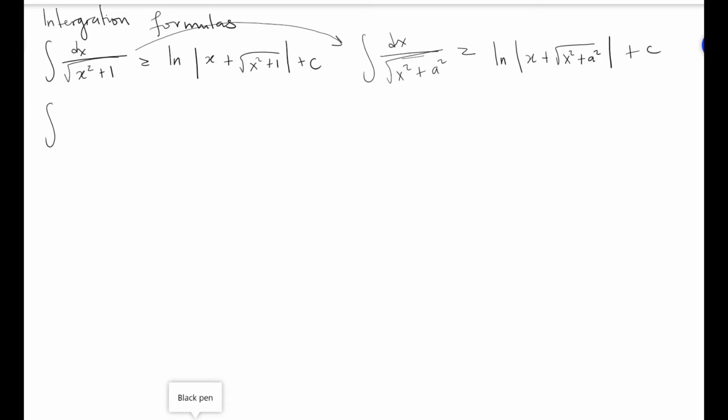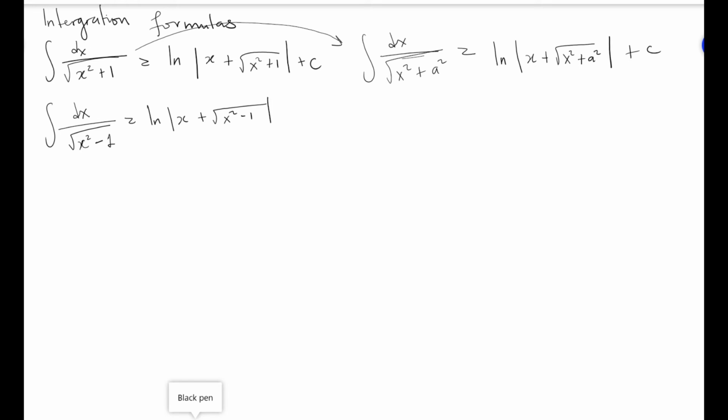If you have the integral of dx over the square root of x squared minus 1, in as much as it is tempting to remove the negative 1 so that this looks like arcsine, that will give you an imaginary arcsine, which is more complicated. So better you just deal with this directly, which gives ln of x plus the square root of x squared minus 1.